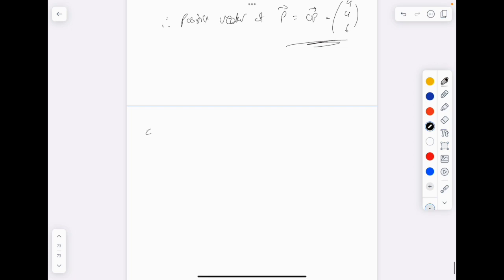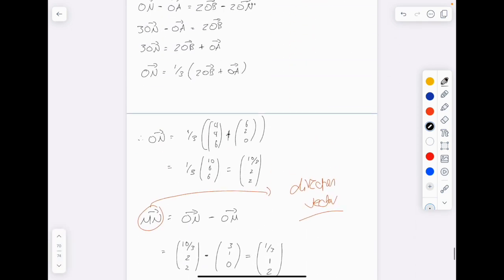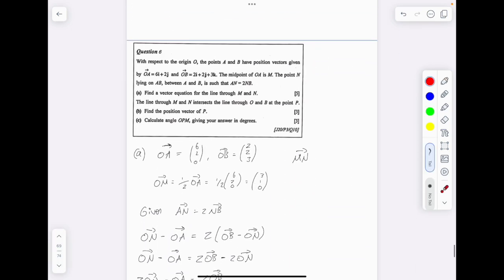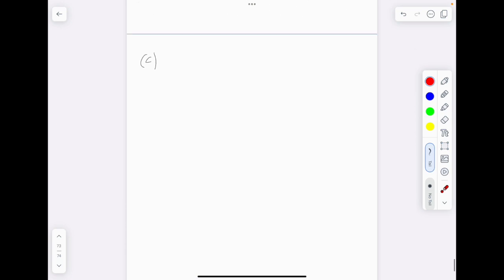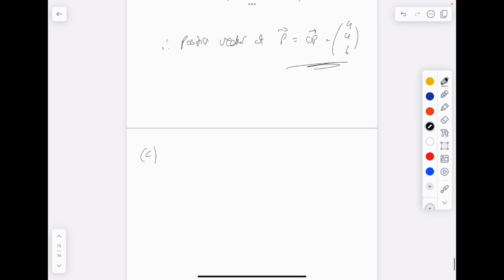Meanwhile, for C, what do we get? Calculate the angle OPM, giving your answer in the previous case. I'm going to say here, we have to use scalar products, most likely. So for angle OPM, we're going to need OP and we're going to need MP.